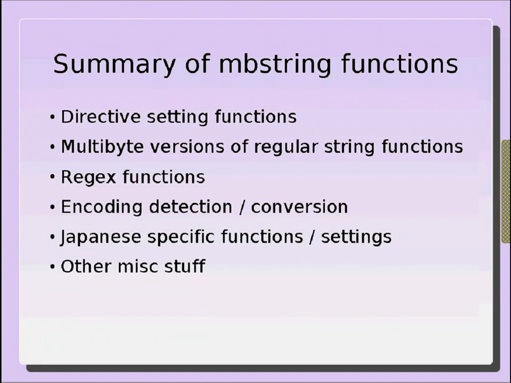Detection being a little bit tricky in that you have to set up the detect order list. If your source string is in some kind of encoding that isn't in that list, you won't be able to detect it, unfortunately. There are some Japanese-specific functions and settings in there. I won't talk about those too much. And some other bits and pieces as well. Quite a lot in there, really.